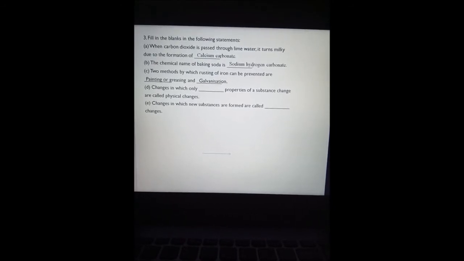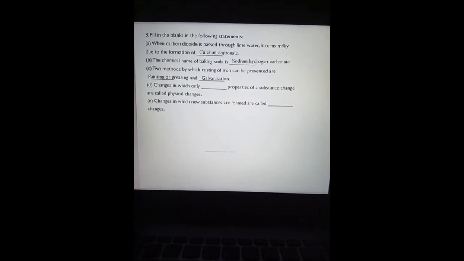So we can either paint it or grease it, or use galvanization, which is another process of putting a coat upon the iron. This involves zinc, and so rusting can be prevented.